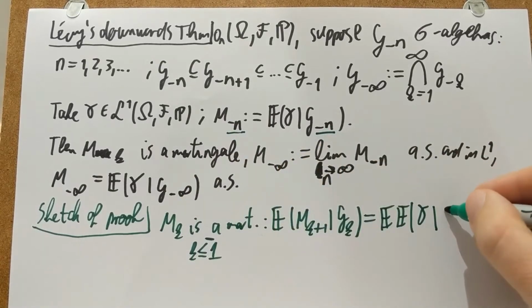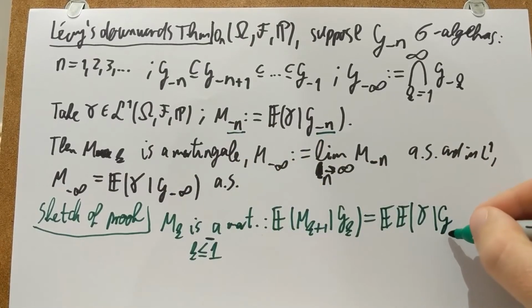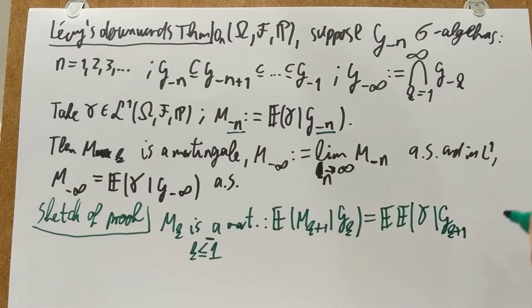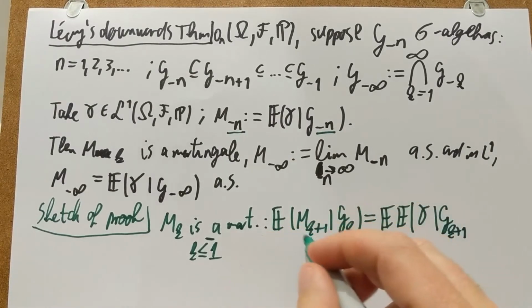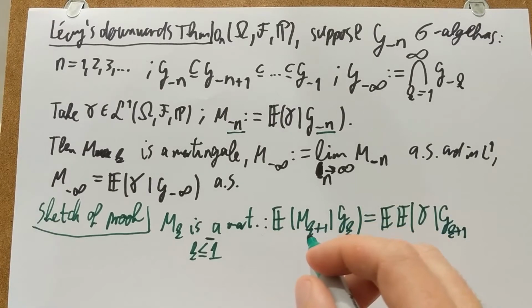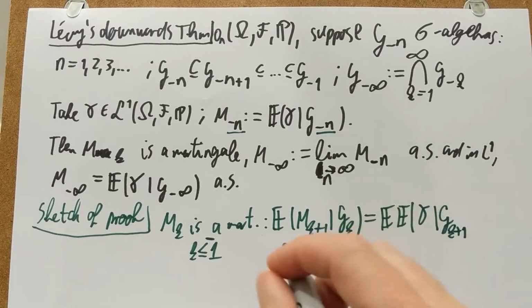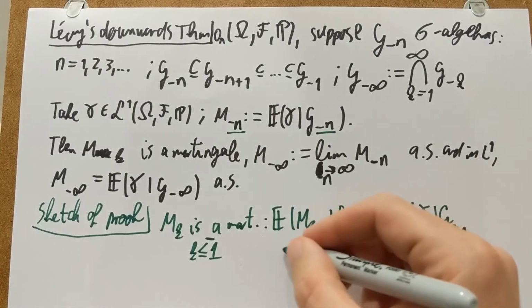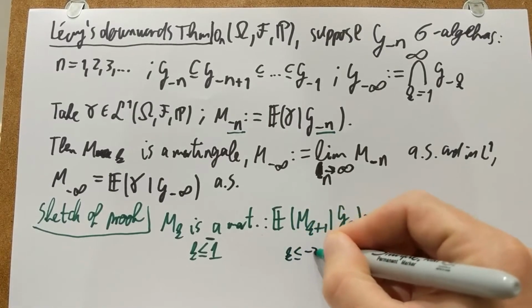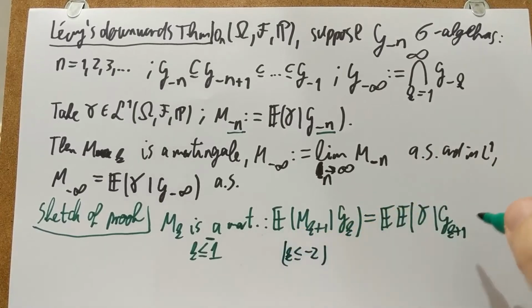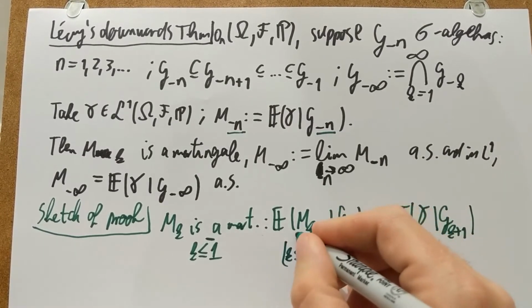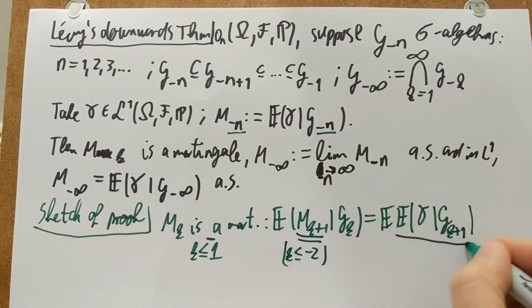So I'm going to put there G_{k+1}, which is negative. Clearly here k should be at most minus 2, because I'm defining my Martingales and my G is up to minus 1. So in this proof k is less than or equal to minus 2. Okay, so then these things make sense, and I have the conditional expectation for the Martingale here.